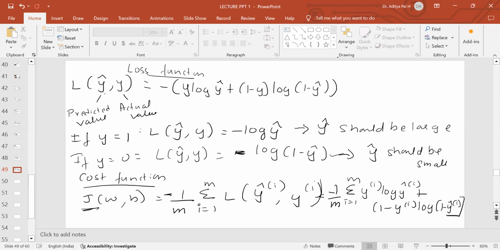So this is the loss function which is applied to a single training example, and the cost function is the cost of the parameters w and b for m training examples.